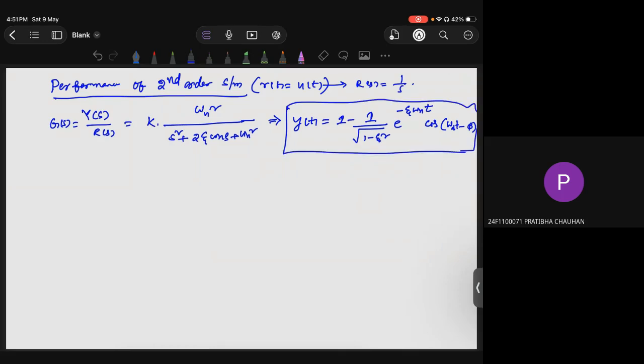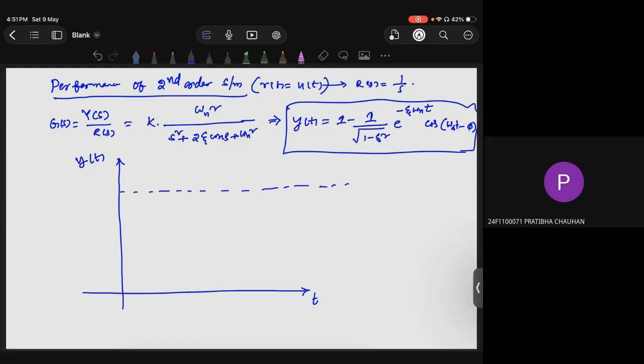So that is the y of t expression. Once we have it, we can draw this time response, where the final value is 1 because the reference input is 1. Then the response would look like this.